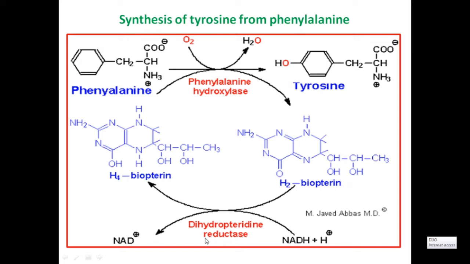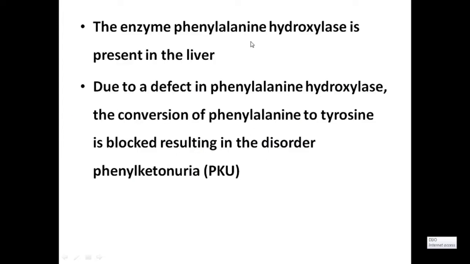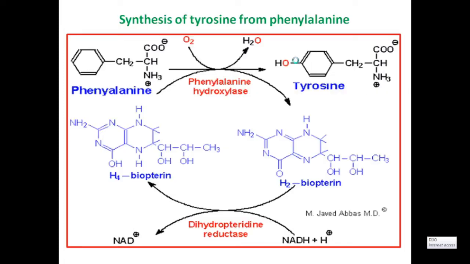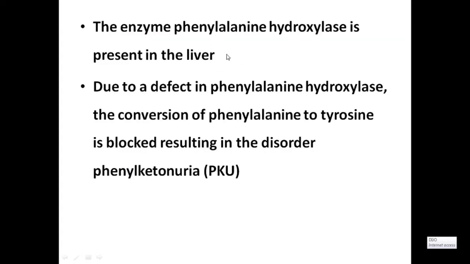With the help of the dihydropteridine reductase enzyme, the di form is converted into the tetra form. Then again the hydroxylase reaction is repeated, and the tyrosine molecule is formed from the phenylalanine molecule. This is the phenylalanine hydroxylase enzyme, and it is present mostly in the liver.